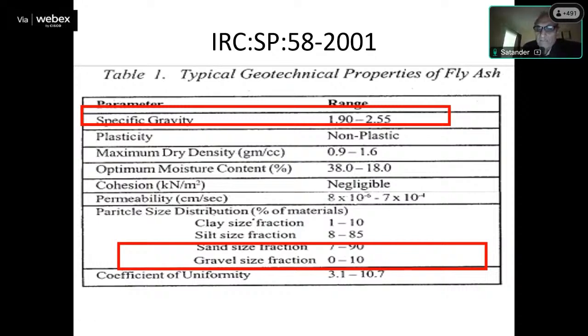Sand must have 7 to 90%. Gravel, you can have at least 10% gravel size. Coefficient of uniformity is given. So all the things, moisture, how much. So please refer to this also. And a minimum specific gravity 1.9, maximum specific gravity 2.2. Specific gravity below 1.9, you cannot use as a soil replacement also.